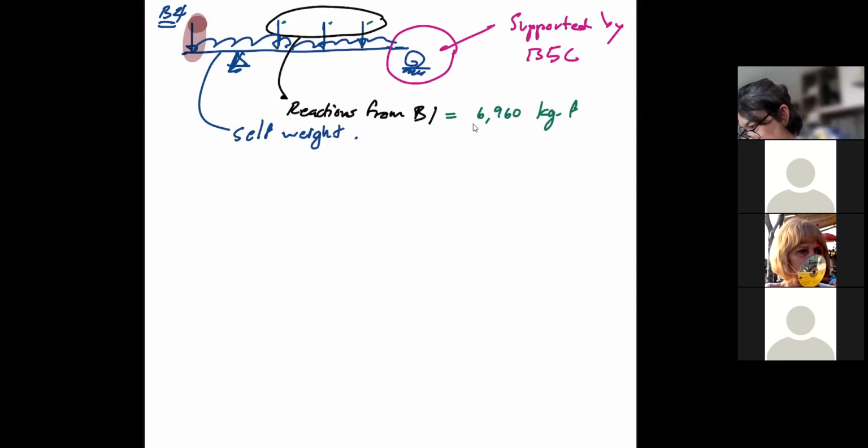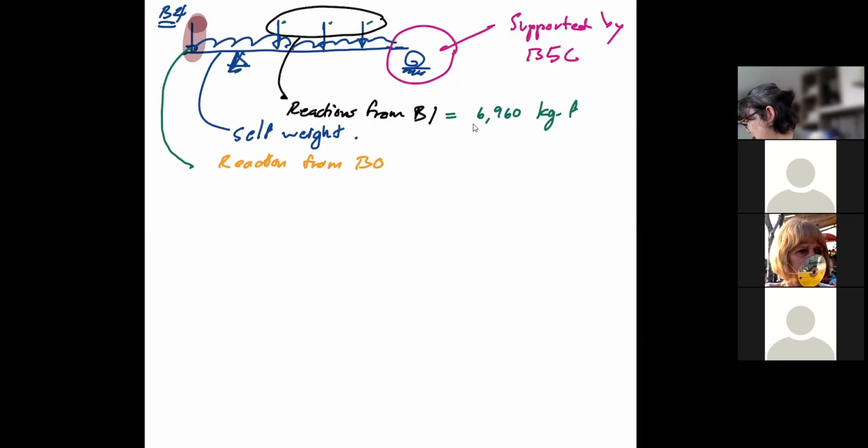Okay, and then this brown thing, we don't have brown here, that's fine, is the reaction from B naught.